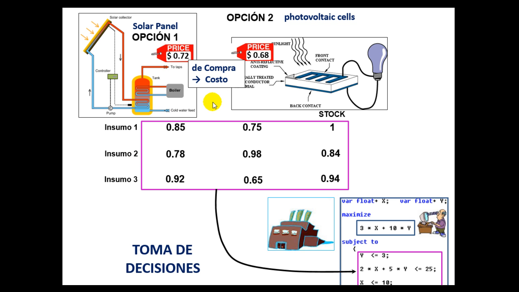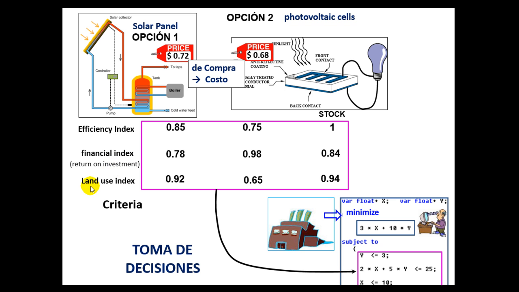And then instead of maximizing an objective function, here you want to minimize costs. And the criteria that you use are, for example, efficiency index, financial index or return on investment, and land use.